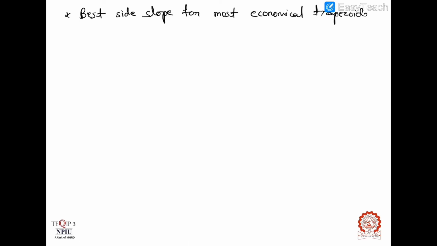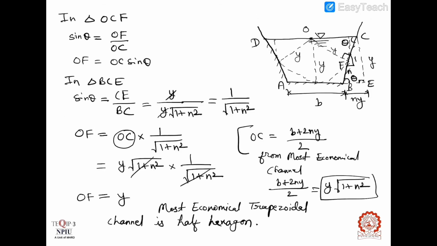Now let's find the best side slope for the most economical trapezoidal section. So far, we kept the side slope.